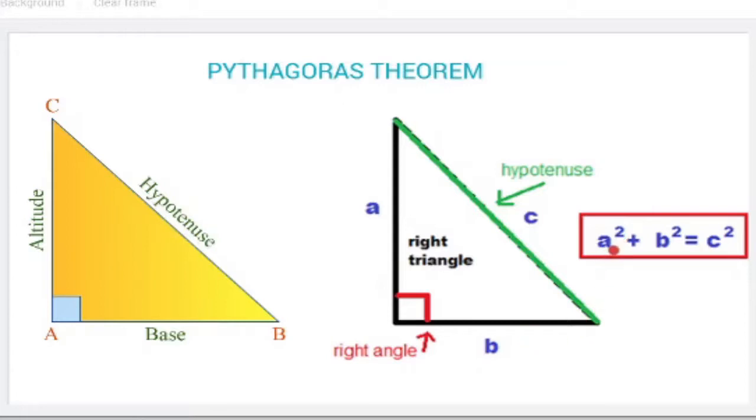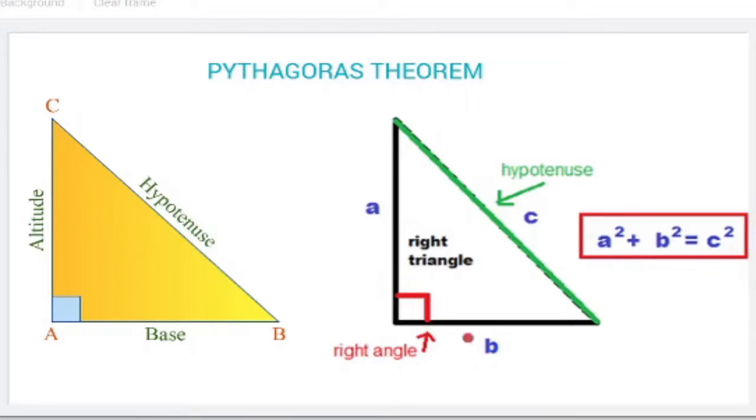Here square means A square means A into A. We multiply A two times, that we call A square. B square means B into B. Similarly, C square means C into C. The meaning of square is multiplying the same number two times. So in mathematical form, we can understand it like this: a square plus b square is equal to c square.